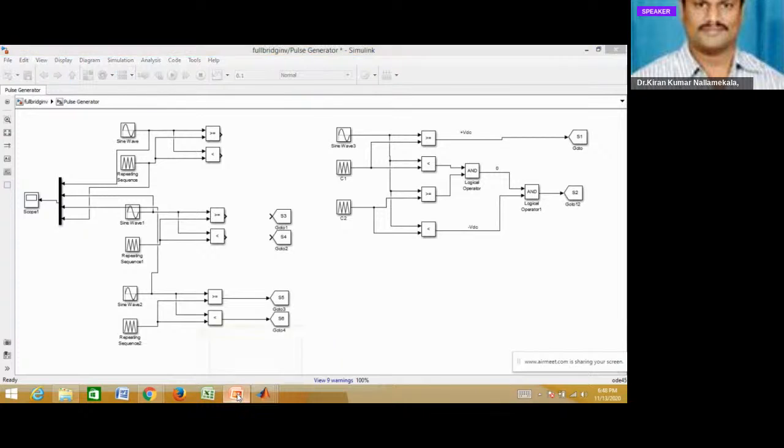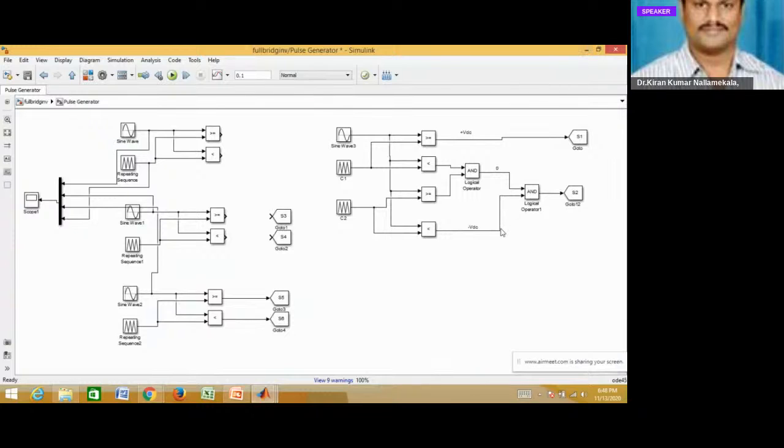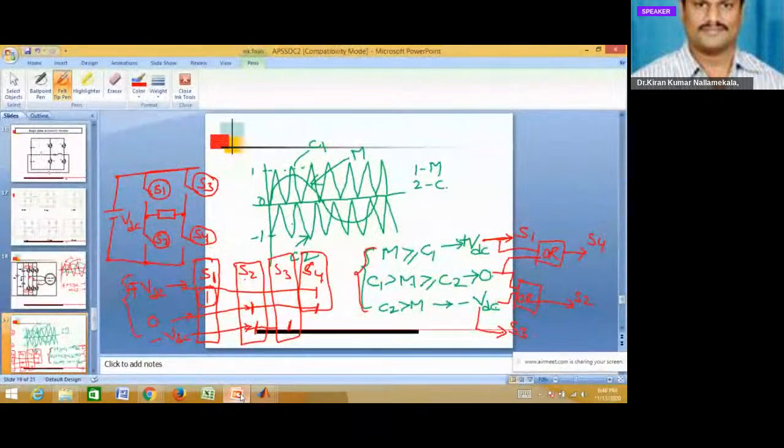Now S3: minus VDC is directly given to S3. Coming to S4, what is given?